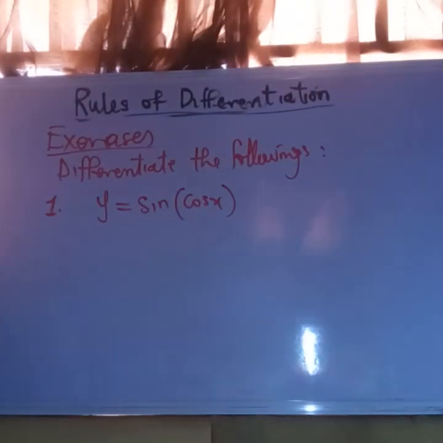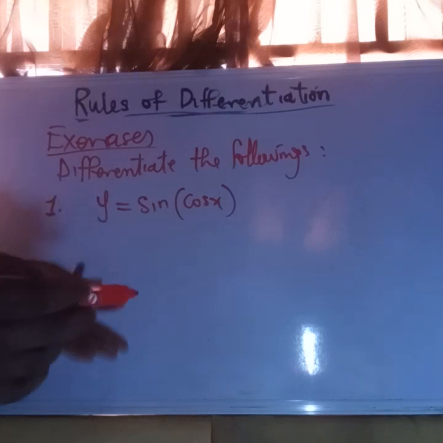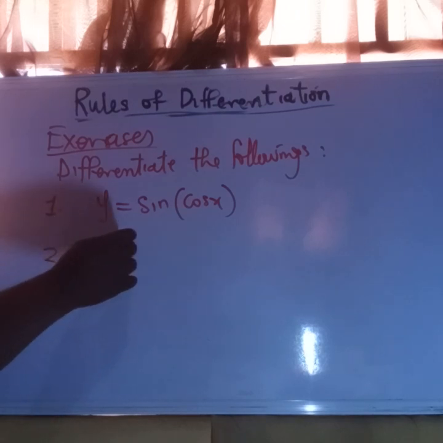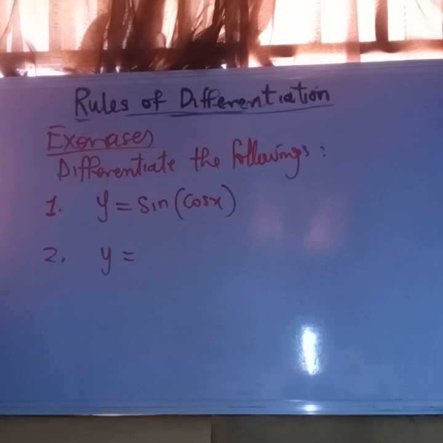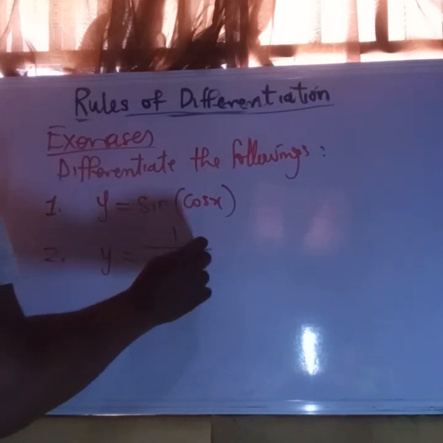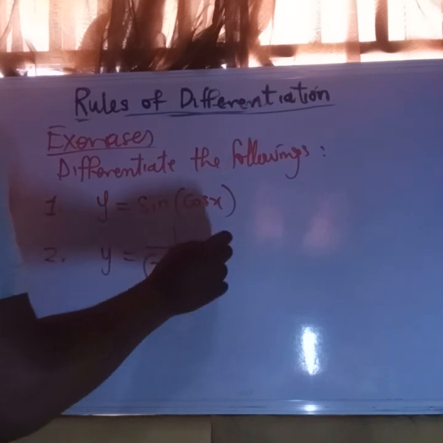For a function like this, you find the slope of y with respect to the argument x throughout. Number 2: if you are given y equal to 1 over (2t plus 1) to the power of 3.